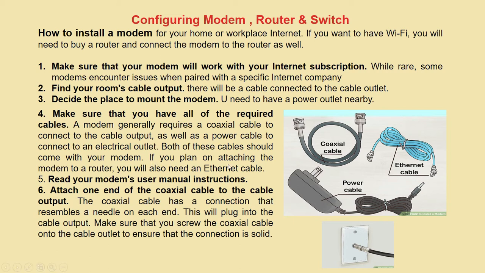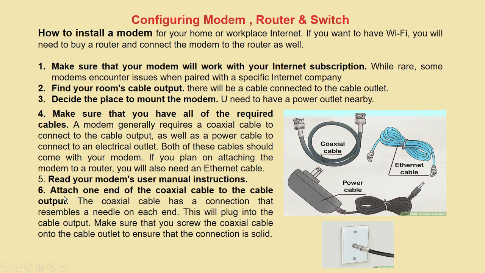If you plan on attaching the modem to a router, you will also need an Ethernet cable, which is also called an RJ45 cable. Okay. Read your modem user manual instructions. Before installing, you can read the modem manual instructions, and these are the components: the coaxial cable, Ethernet cable, and your adapter or power cable.